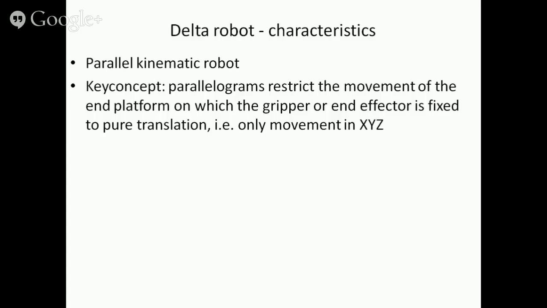Characteristics of delta robots are rather special. The key concept is parallelograms, which restrict the movement of the end platform on which the gripper or effector is fixed, to pure translation, that means it moves only in XYZ direction.